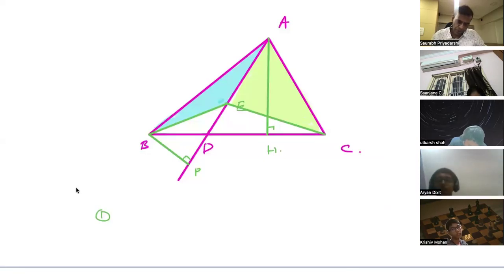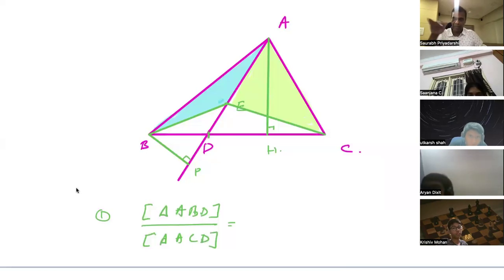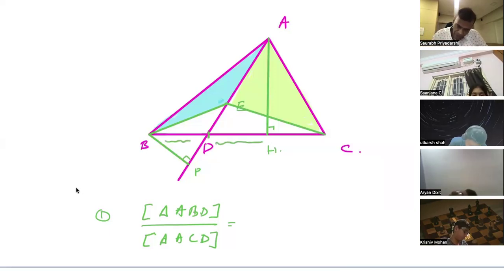Since ABD and ACD are both right triangles with the same height AH, directly I can say area of ABD upon area of ACD: both are right triangles with the same height, so we only have to take the ratio of the bases BD and DC.